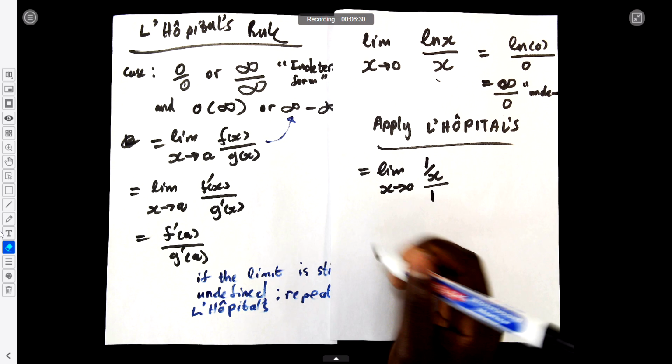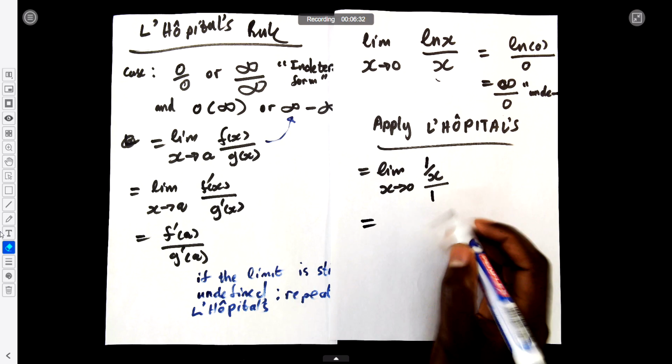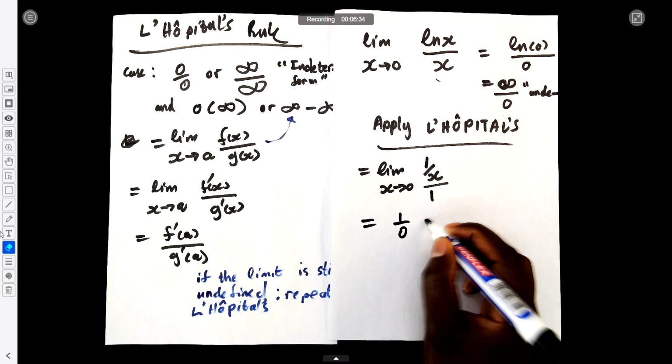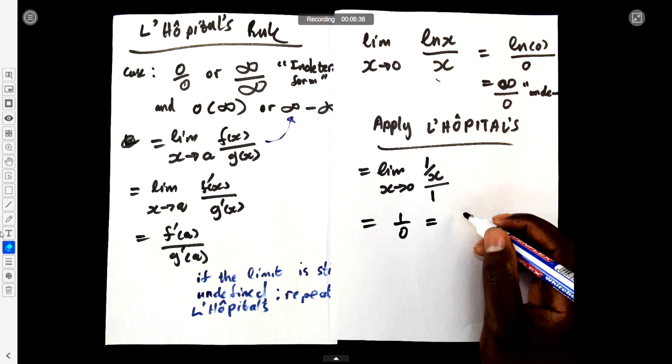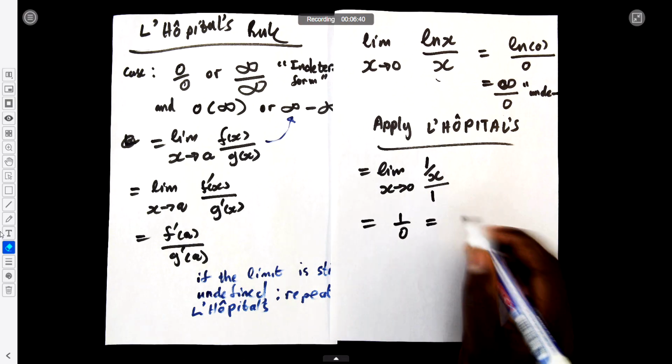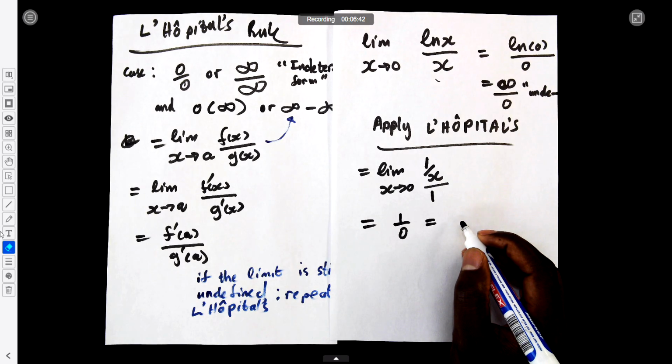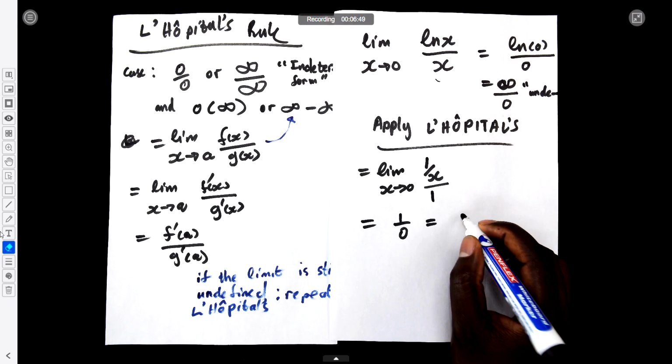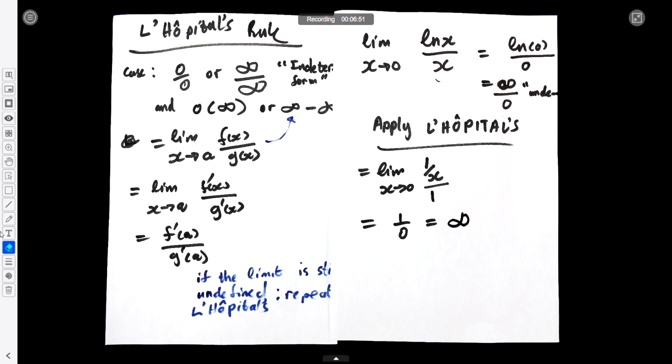From there, we can try and substitute and see what we get. So that is 1 over 0. What do we get? 1 over 0, so it is infinity.